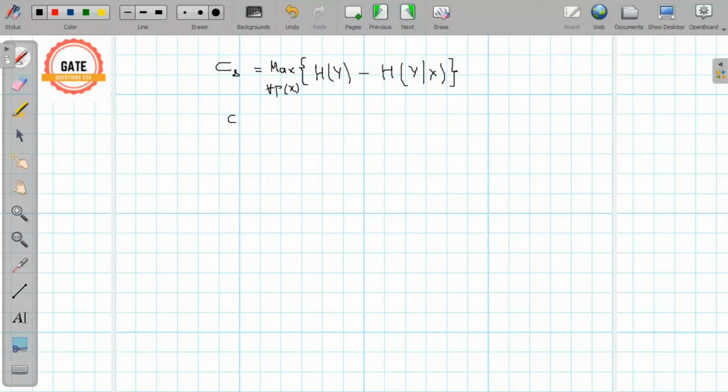So the capacity of the given channel in the problem will be the maximum over all the possible probabilities of X of entropy of Y minus H of alpha.